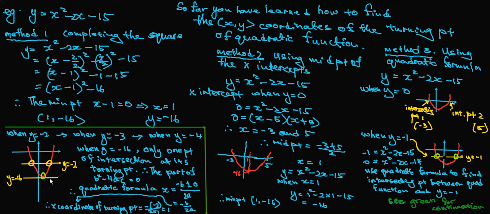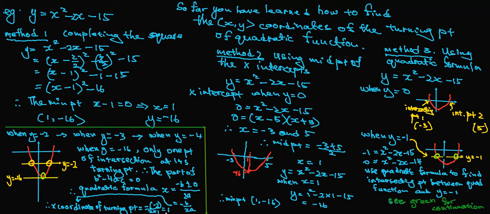Okay, so from here we deduce that to find the coordinate of the turning point, it is minus b. Go back to the original. b is actually minus 2, so you substitute minus 2 over 2a, where a is the coefficient of x squared, which is 1.